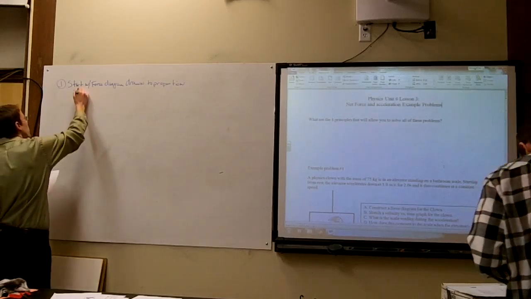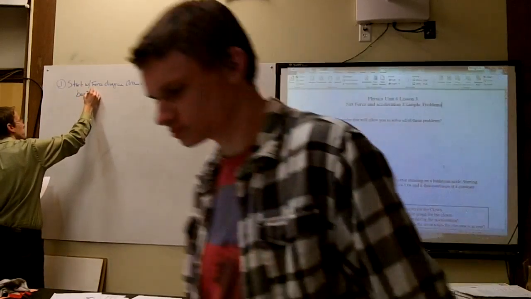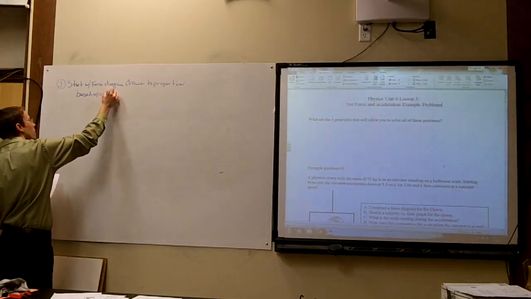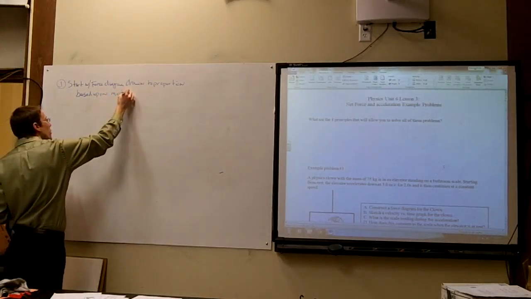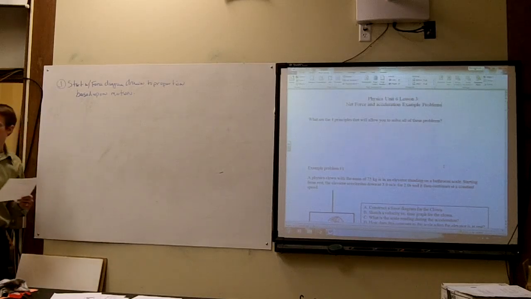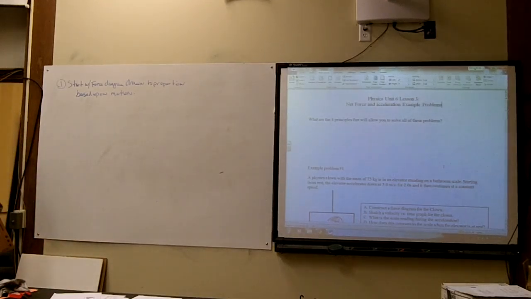Draw proportion based upon the motion. That motion component is huge. If it's constant velocity, they all cancel out, so the net force is 0. If it's acceleration, it means one is going to be bigger than the other.